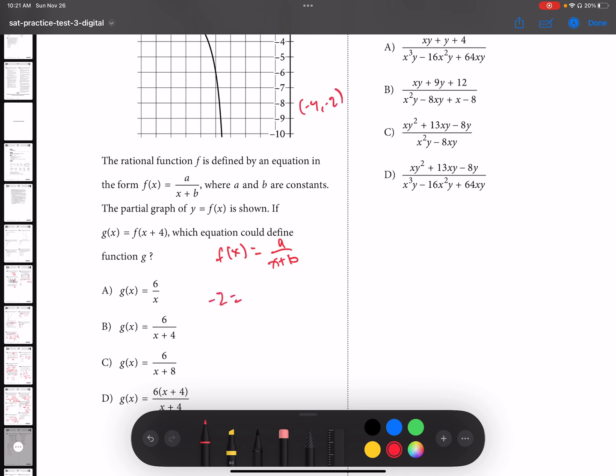So -2 is equal to a over -7 plus b. Because we need more information, we multiply -2 times -7 plus b, which gives us 14 minus 2b is equal to a.